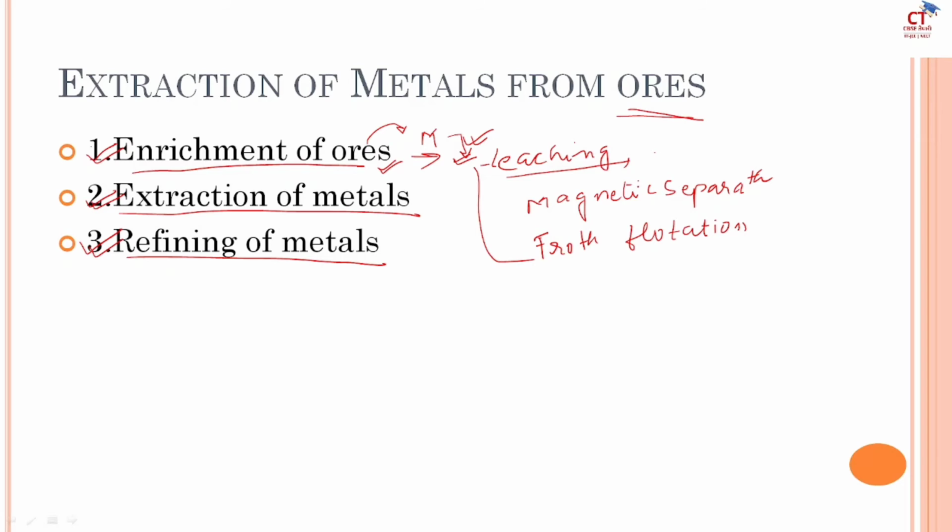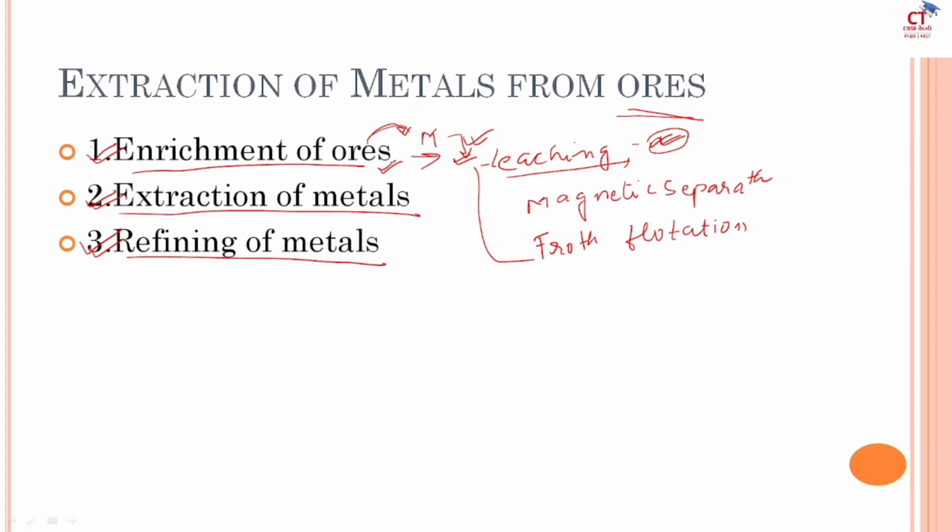What do you mean by leaching? Here we make the ore soluble and the gangue becomes insoluble. As a result, we can separate the ore. Enrichment is separation of ore from the gangue, because ores also contain gangue, that are impurities that are not needed.